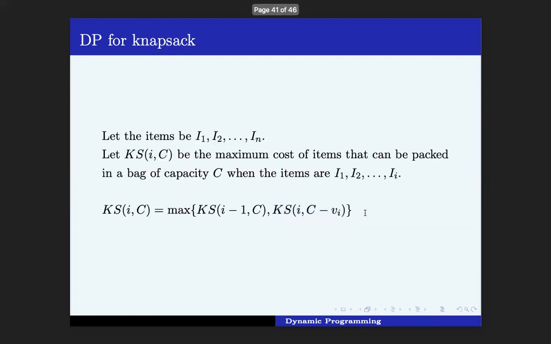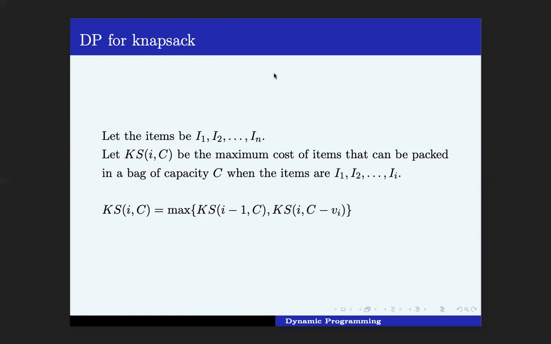Of course, I've jumped over this. You basically make a matrix. How big will the matrix be?